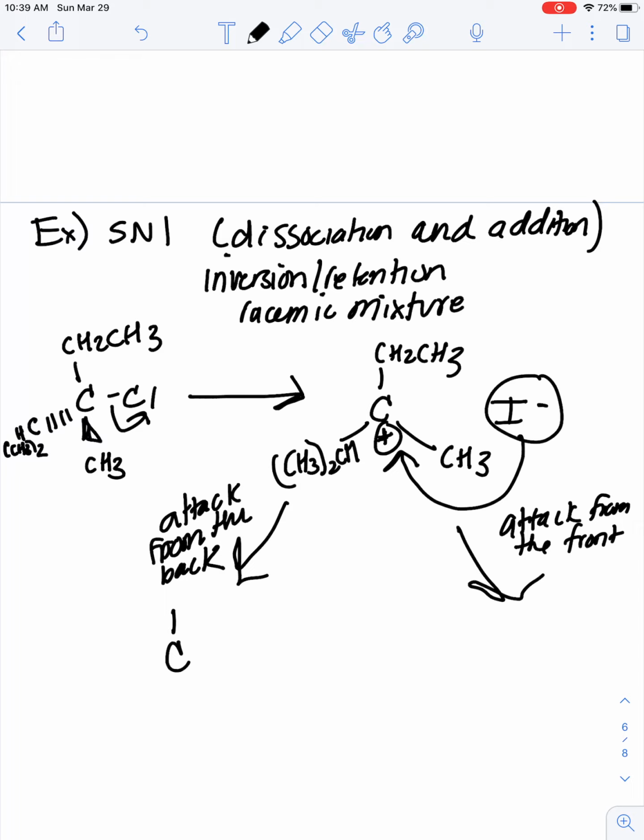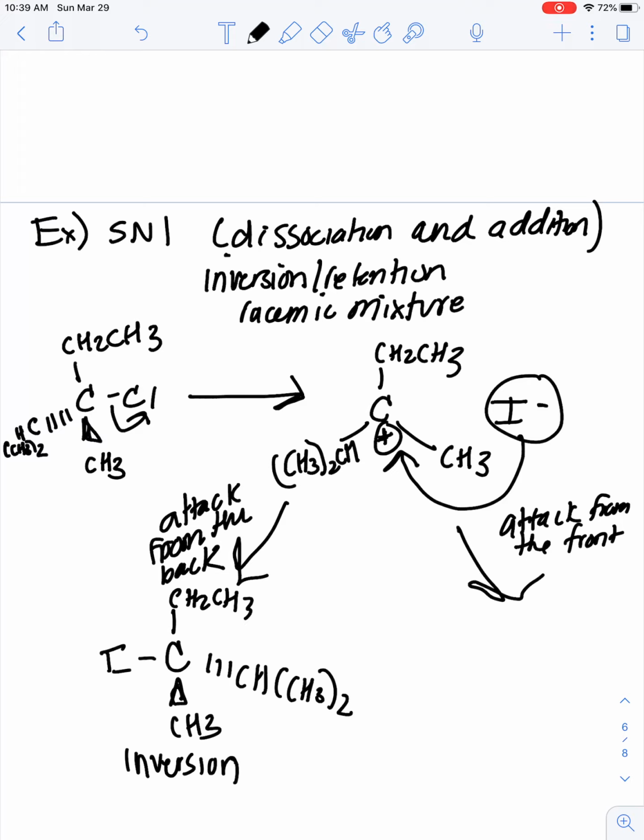So inversion just means we're inverting the stereochemistry. So again, this would be our inversion product. And then if we think about the attack from the front, the attack from the front is going to be called our retention product.